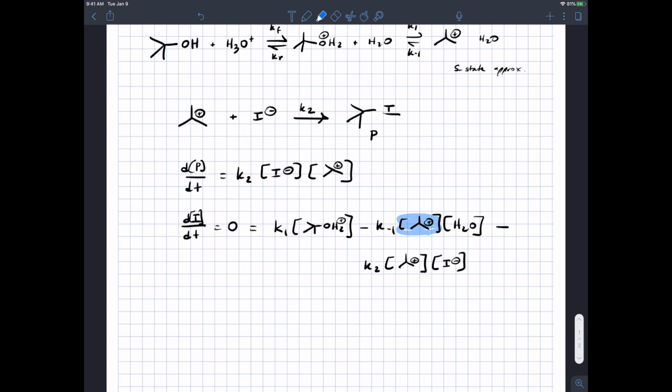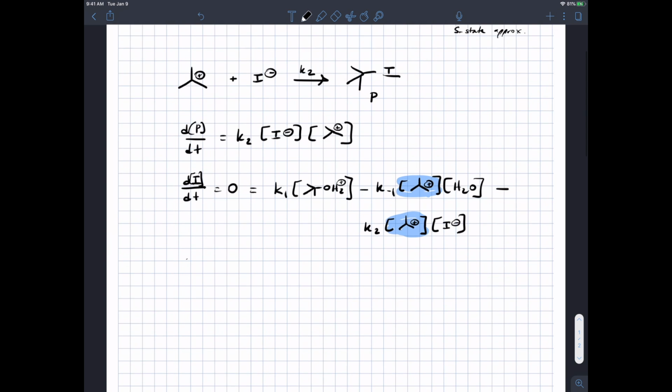So we won't do that algebra here, but we can say that the concentration of that carbocation at any given time is equal to k1 times the concentration of our protonated alcohol divided by k-1 times the concentration of water plus k2 times the concentration of iodide.